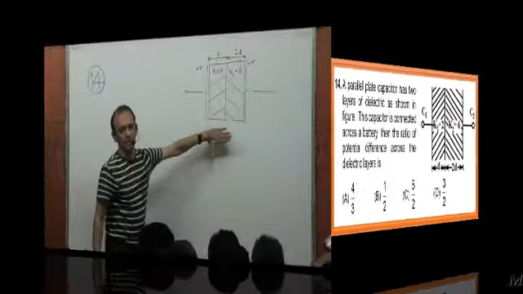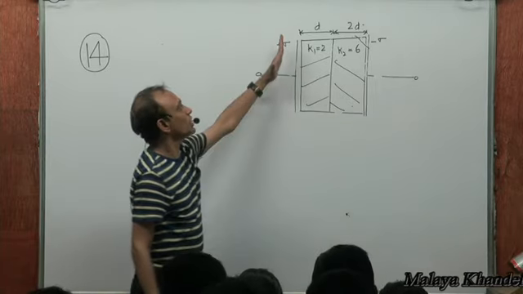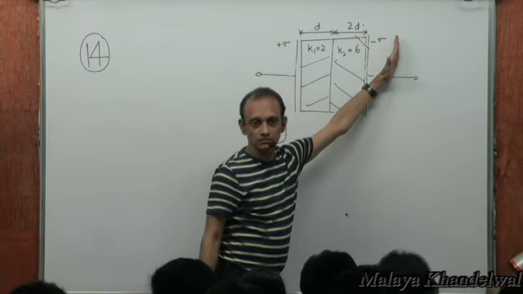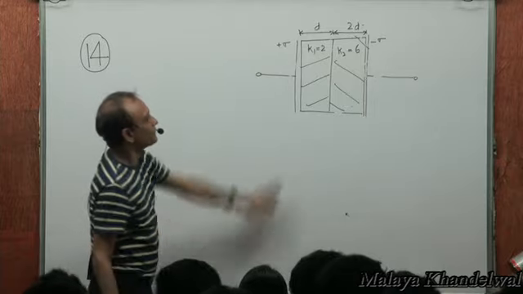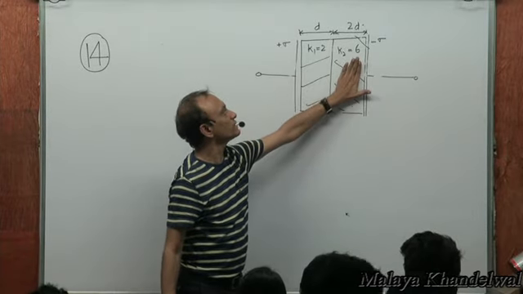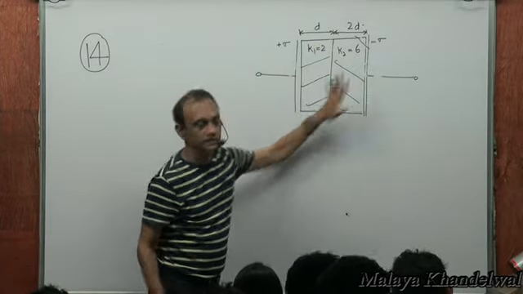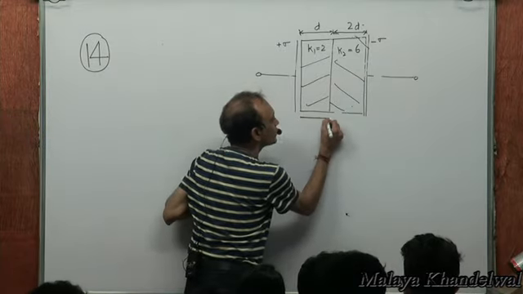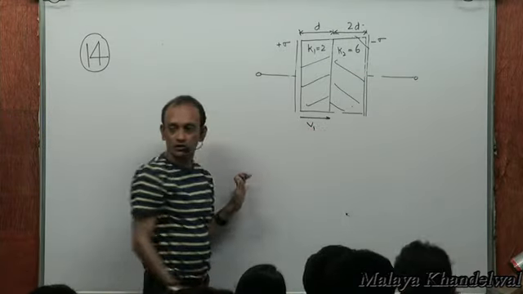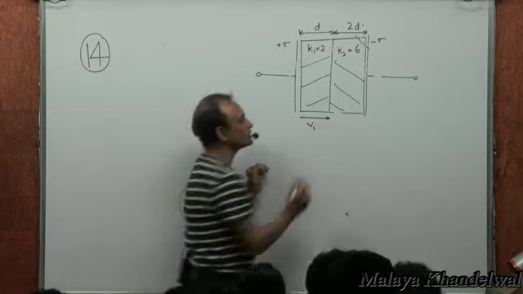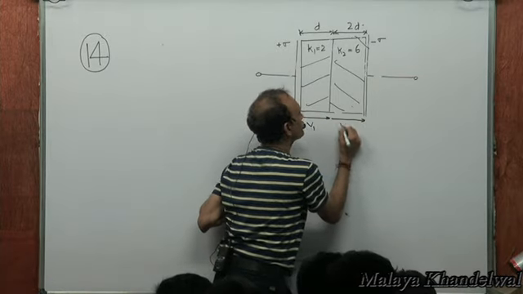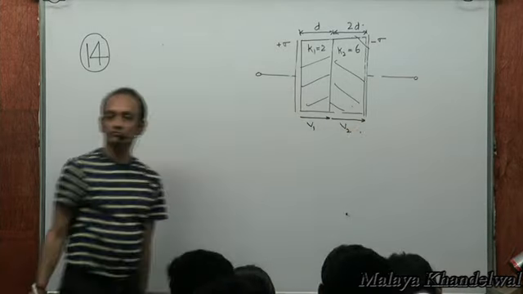So there is a capacitor here, charge plus sigma and minus sigma, right? And there are two dielectric plates, K1 equal to 2 and K2 equal to 6. I want to find the ratio of potential drop V1 across this dielectric to potential drop V2 across this dielectric, right?